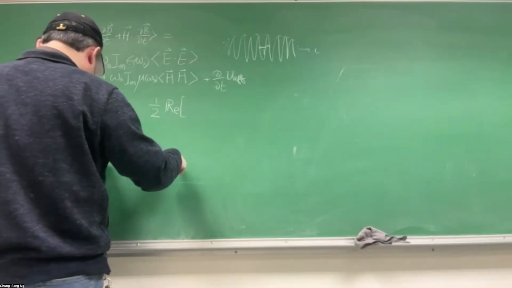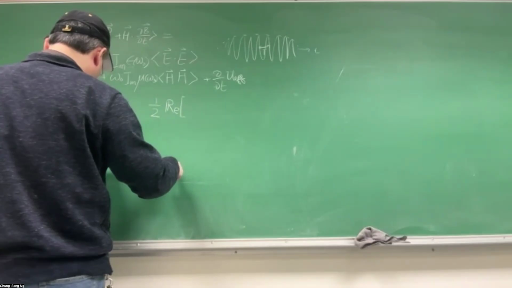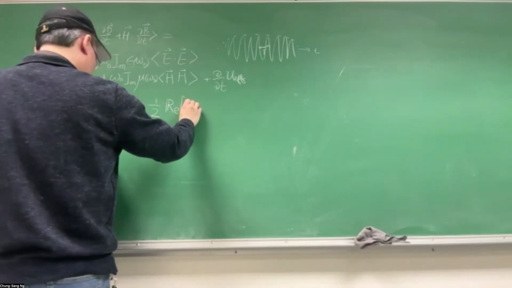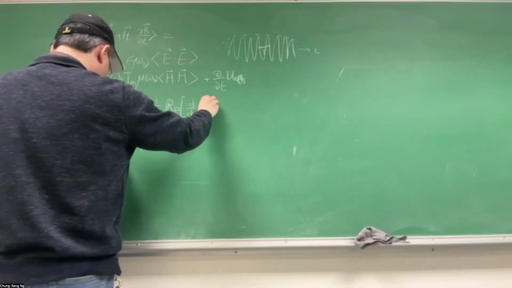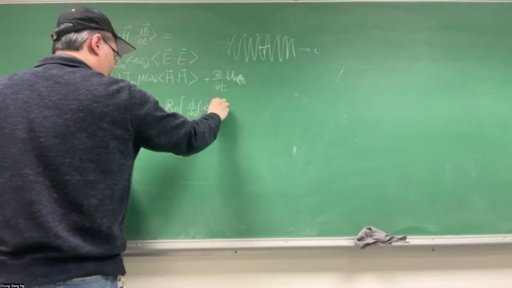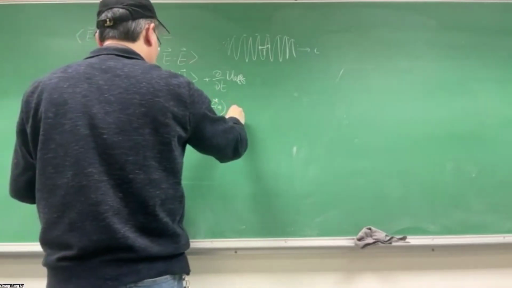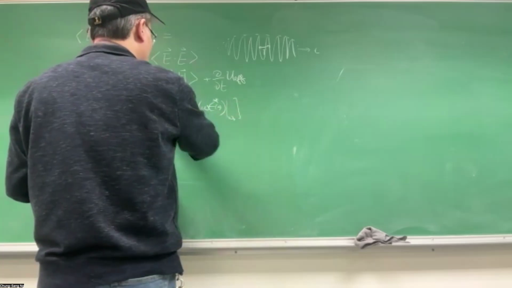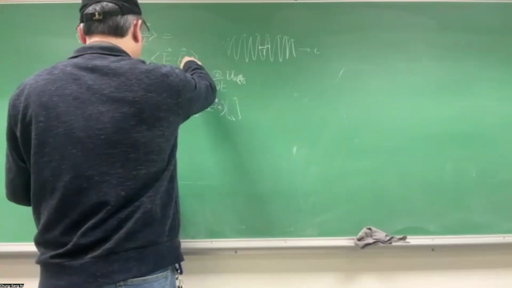You actually take the d d omega of omega epsilon, which also depends on omega, but you multiply by another omega and then evaluate that and take the real part. And the rest is just the same as this one.